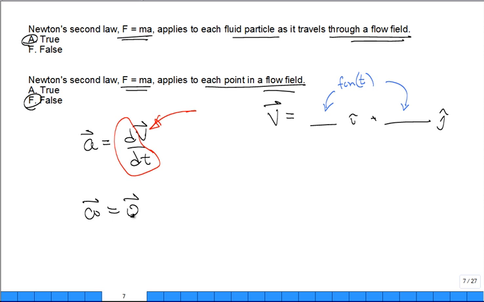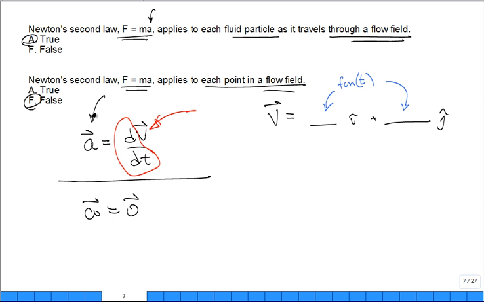And that's not correct. Particles are accelerating in that steady flow field. The flow field's not a function of time. But we have to get our acceleration correct and apply it in F equals ma to get the right answer. So you don't just say the acceleration field is equal to the time derivative of the velocity field.